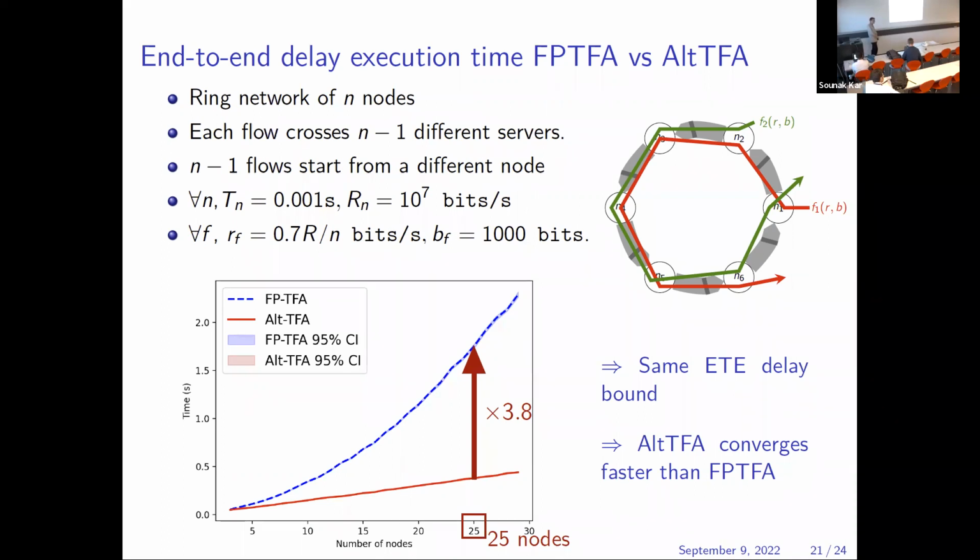Now, if you start from another point, maybe an upper bound of the delay, what happens? If I start the fixed point resolution from another point instead of zero, do I obtain different bounds?